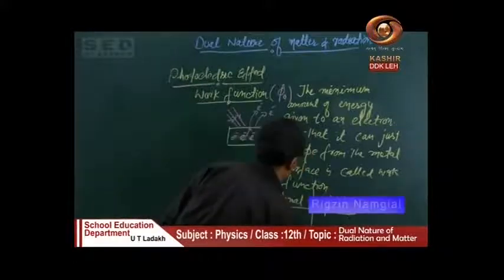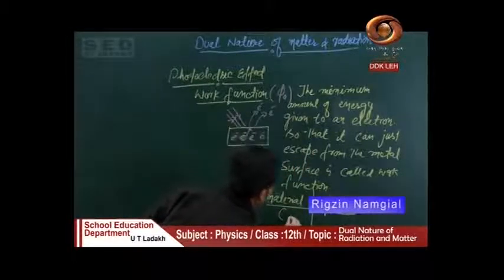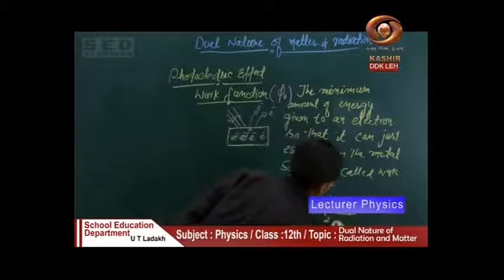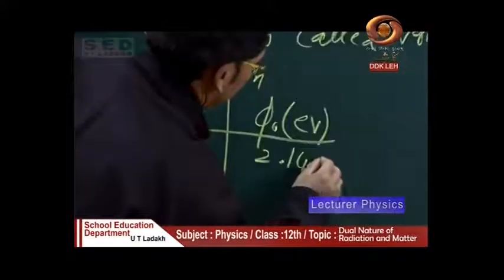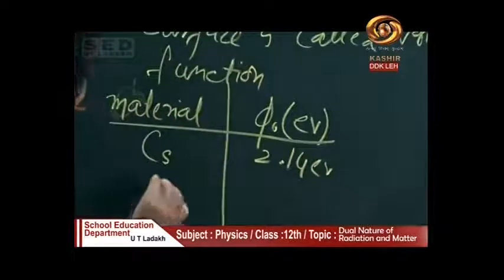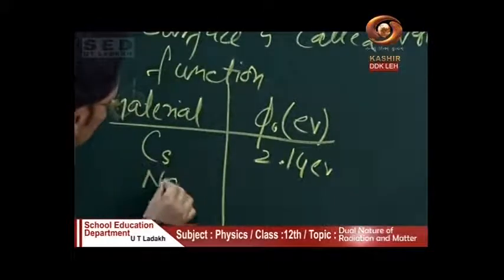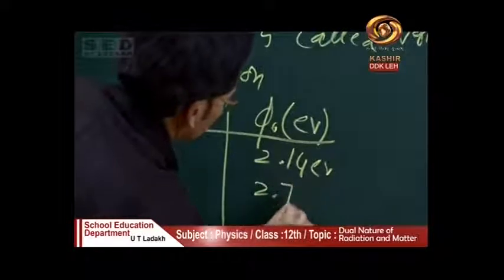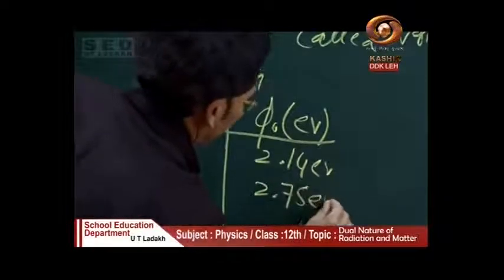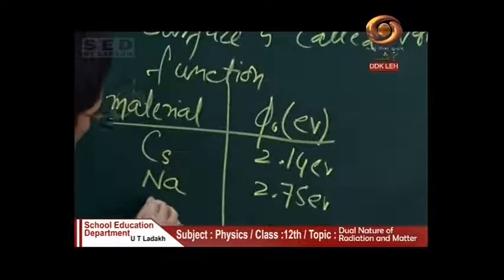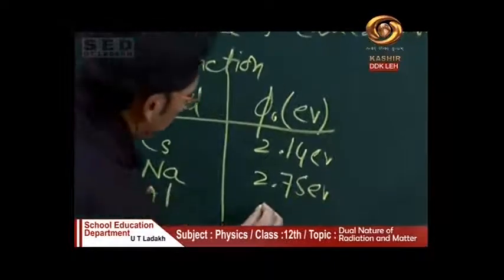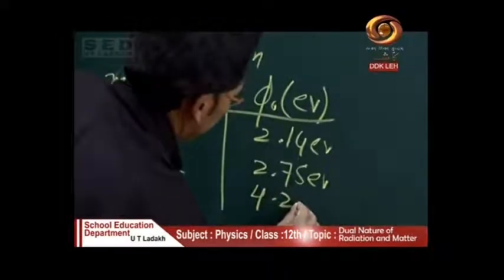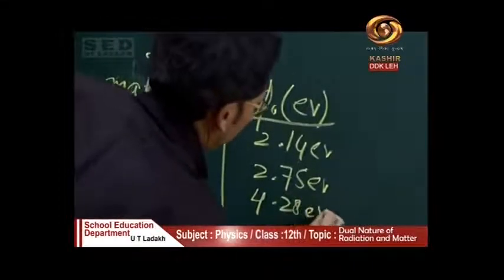So cesium, the work function of cesium is 2.14 electron volt. Similarly, we have sodium. The work function of sodium is 2.75 electron volt. Like aluminium, the work function is 4.28 electron volt.